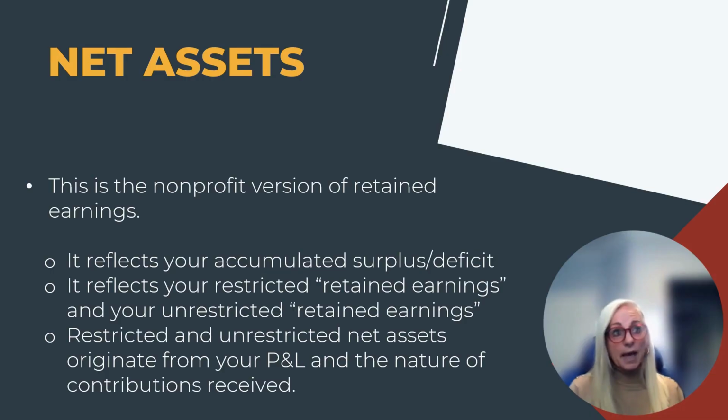So again, net assets is the nonprofit version of retained earnings, and it does reflect your accumulated surpluses or losses, otherwise known as deficits, since your organization began. Down in that net assets section, the with or without donor restriction originates from the P&L and the nature of contributions received.